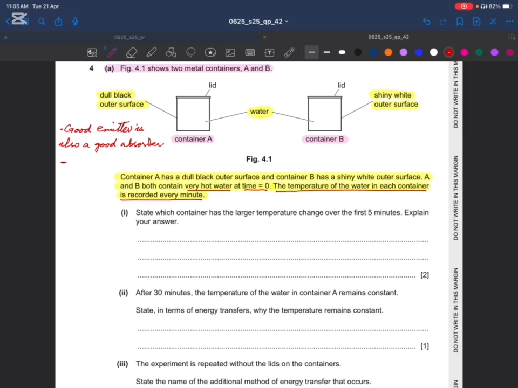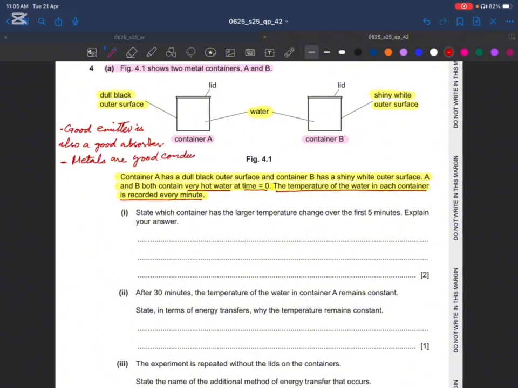This is one sentence, and the other is that metals are good conductors.